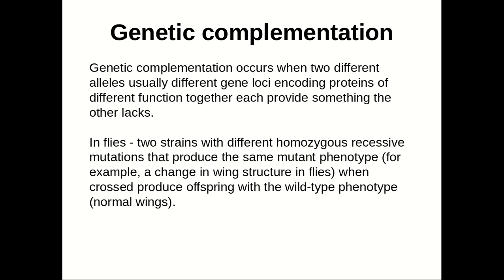So, different homozygous recessive mutations. That's like little a, and then there would be a second, maybe little b as well. But they're both mutations, and they produce the same phenotype.